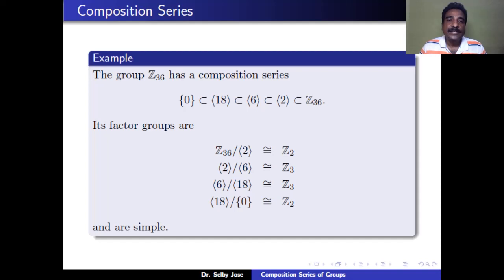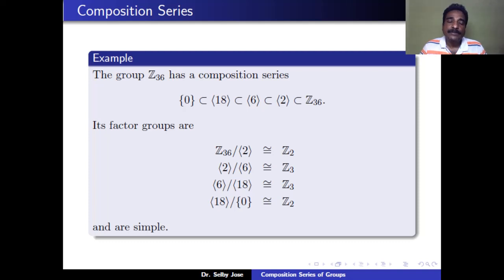And the cyclic group generated by 2 mod the cyclic group generated by 6: the cyclic group generated by 2 contains 18 elements and the cyclic group generated by 6 contains 6 elements. So the quotient group contains 3 elements, so it is isomorphic to Z3 and Z3 is simple.